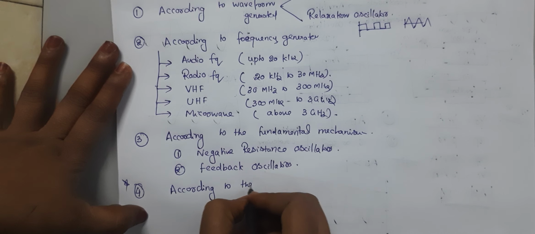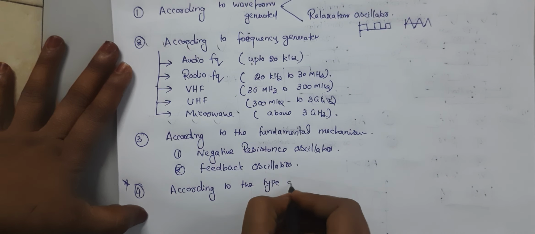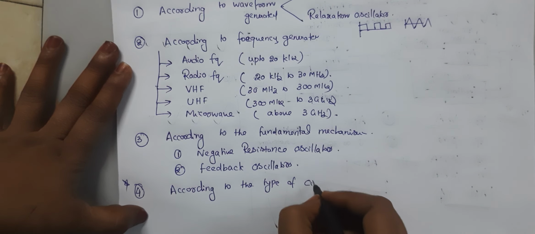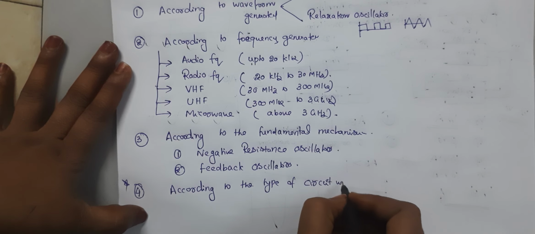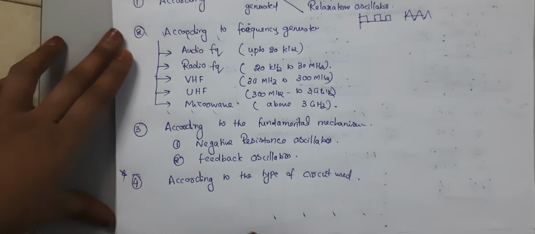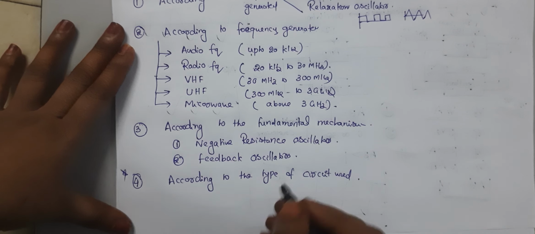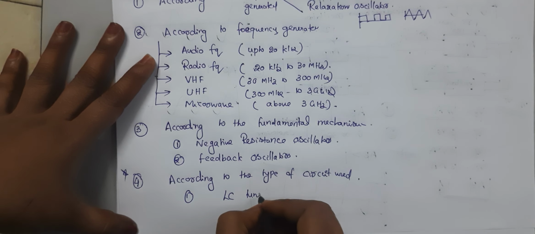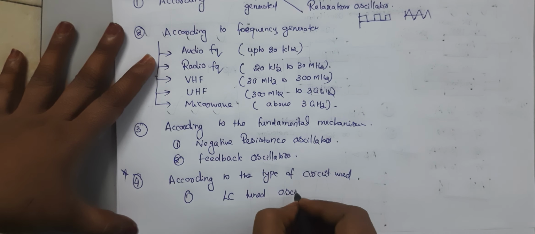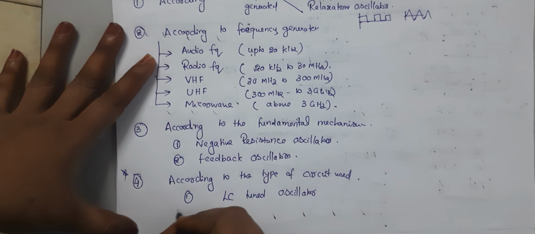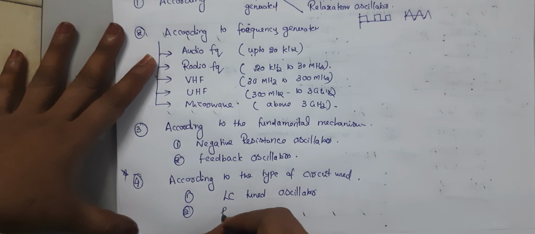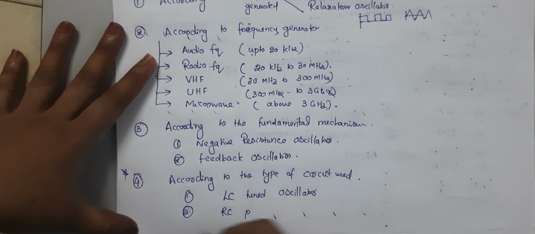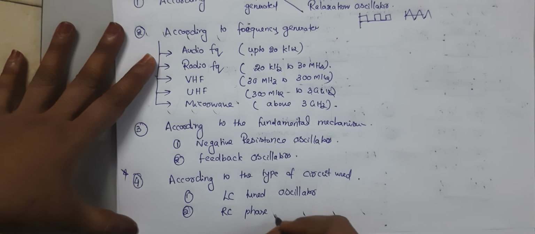And the last, fourth, important category is according to the type of circuits used. These are the sine wave oscillators. The first classification is LC tuned oscillators, and the second category is RC phase shift oscillators.